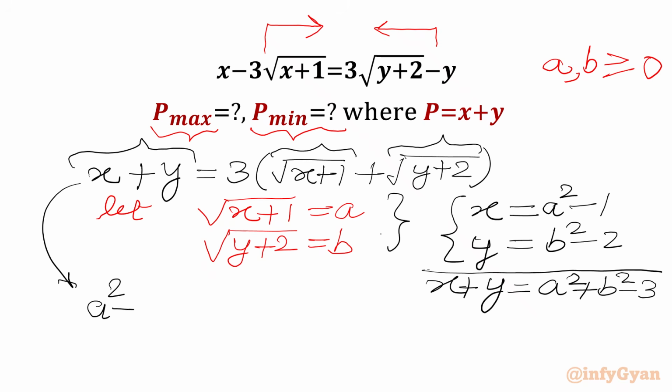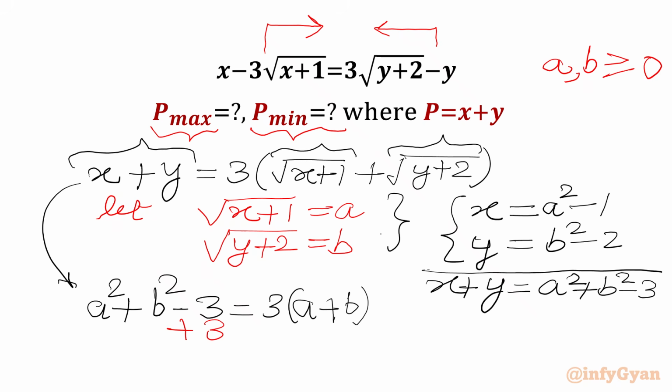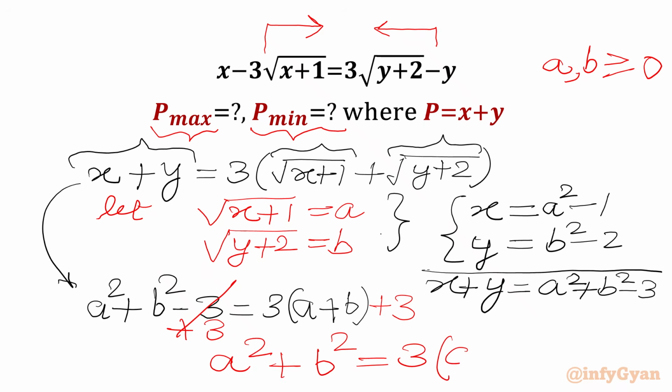A square plus b square minus 3 equal to 3 times a plus b. Now we will add 3 to both sides to cancel minus 3 from left hand side. We will get equation number 1, a square plus b square equal to 3 times a plus b plus 3. This is our equation number 1.